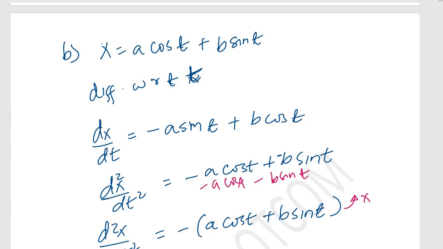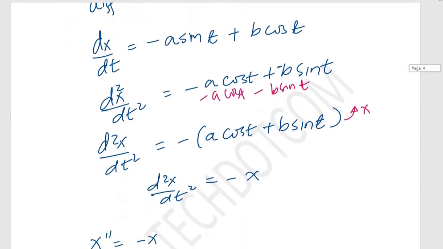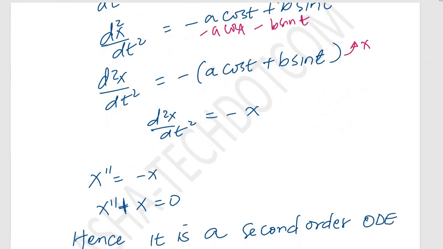So that means I will completely have an equation that has only the derivative and also this function x. So d2x/dt squared is equal to negative the value of this whole function, which is x. So the second derivative of x is equal to negative x.